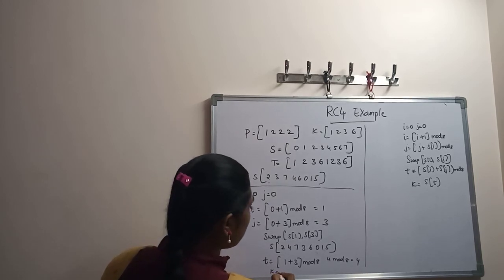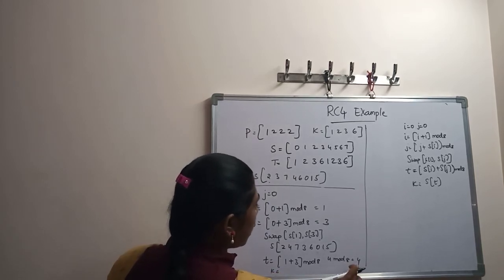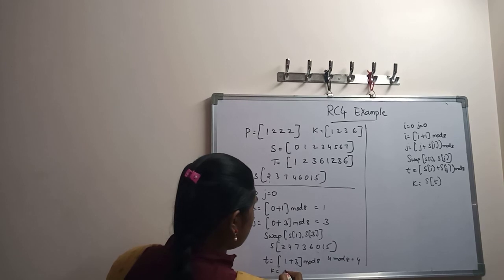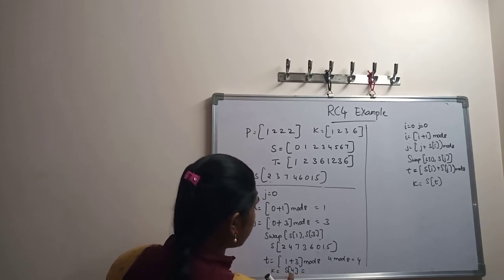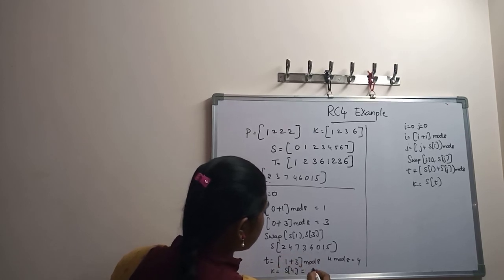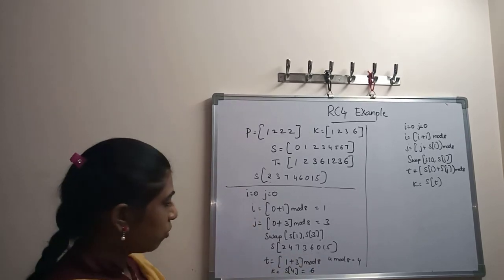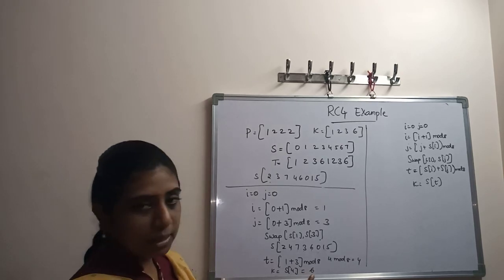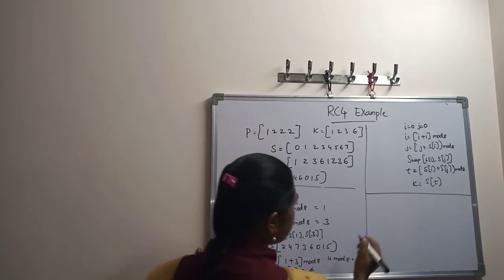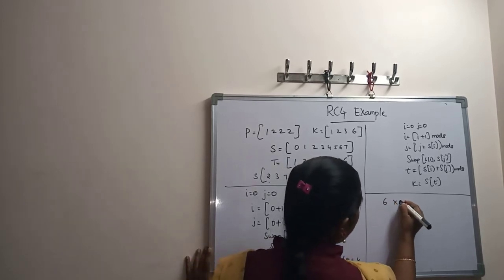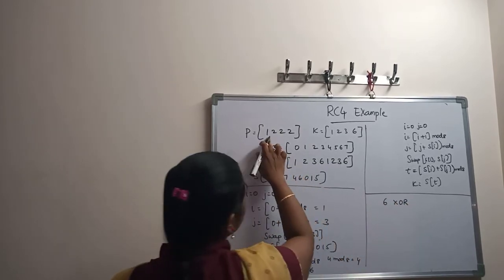Now k is equal to s of t. Now s of t value is equal to s of 4 here. What is the s of 4 value? 0, 1, 2, 3, 4, that is 6. So once you get the value 6 as the key value, then we take 6, which should be XORed with our plain text first value.